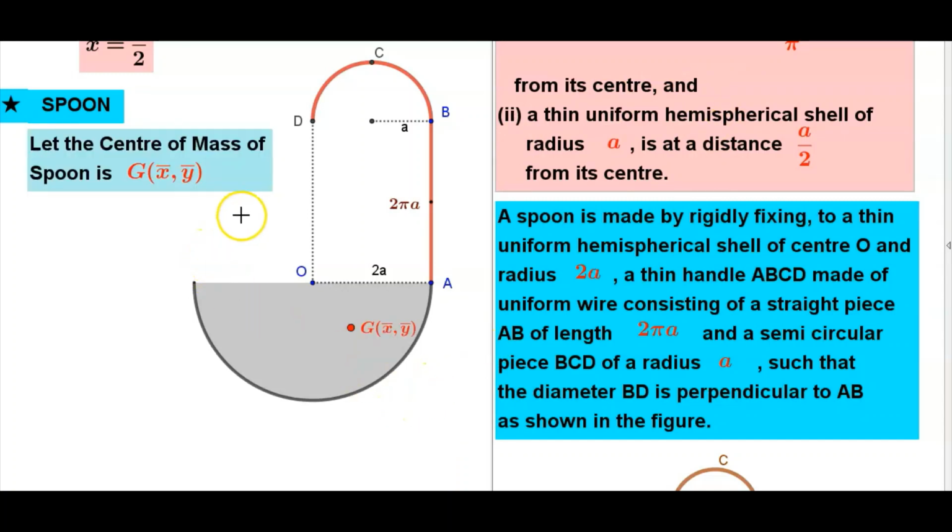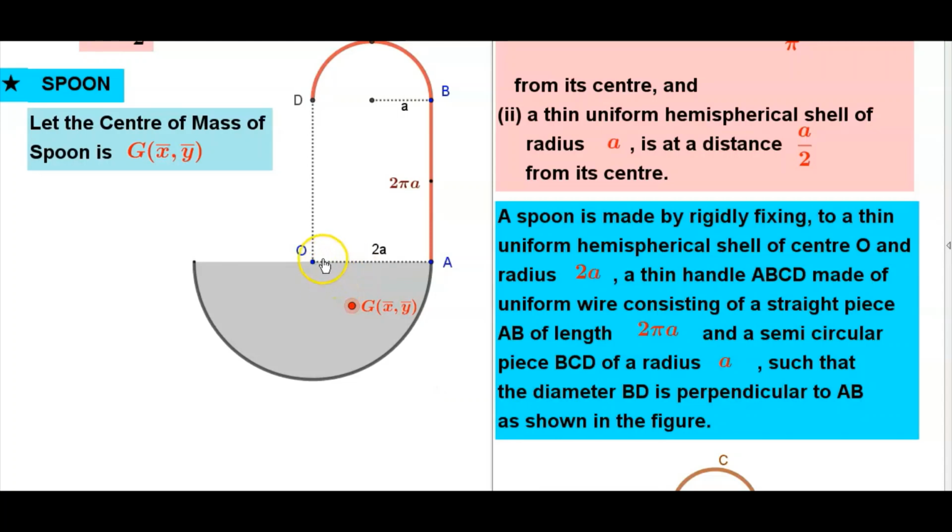Let the center of mass of the spoon be x bar, y bar. We don't know it, so this is the center of mass x bar, y bar, with x measured from here and y bar here.